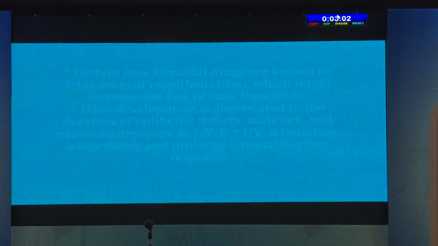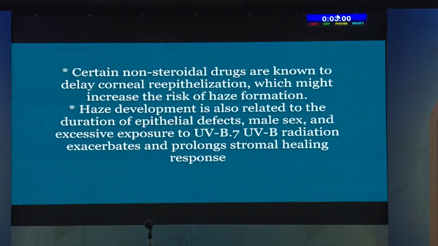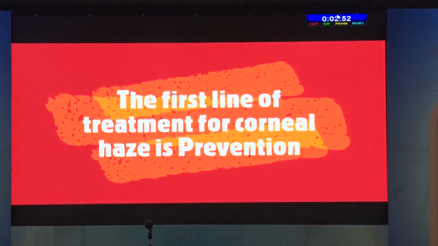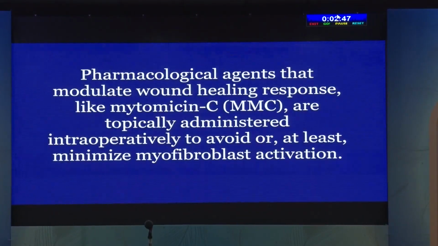The other issue to be taken care of is how we use medications. Usually the steroids are given for a long period, for a minimum period of 2 to 3 months. Start with a high dose and taper it slowly. Then you have to prevent by using mitomycin C on the table intraoperatively.